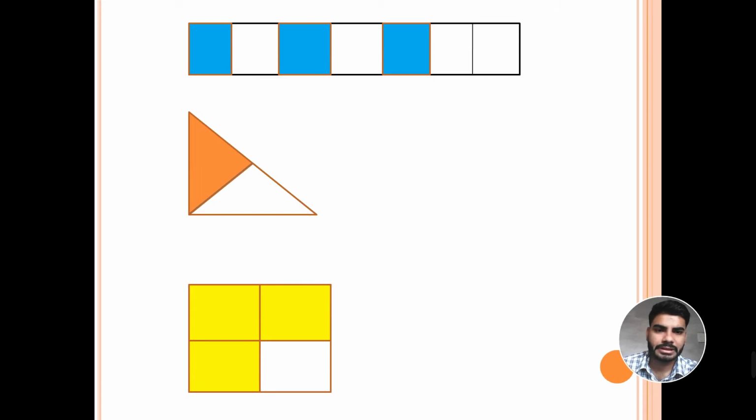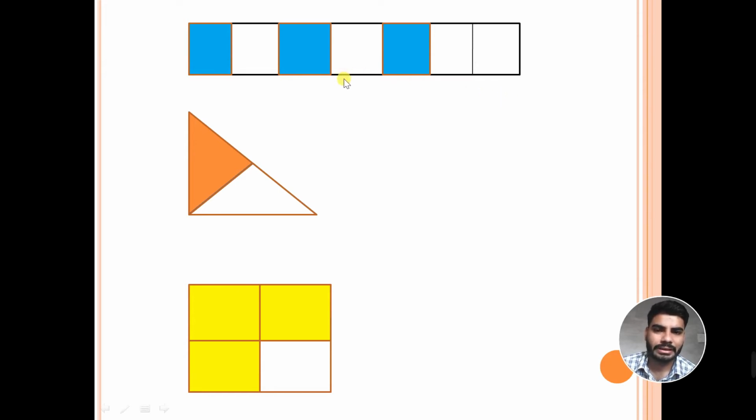So look at the first picture. Can you all count in how many equal parts the whole object is divided? So you all can count it as 1, 2, 3, 4, 5, 6 and 7. So the total number of parts is 7.